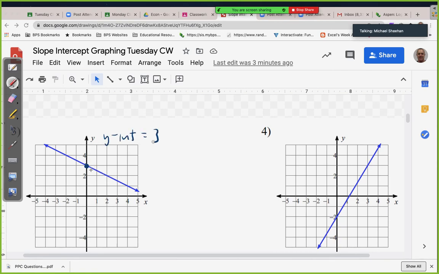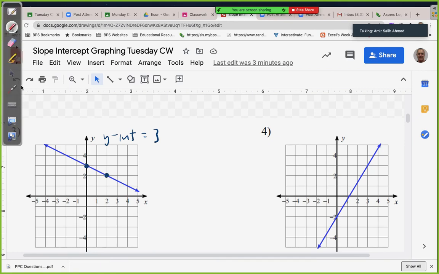But now let's figure out the slope. I want to look and find a point that's easy to graph. How about use this point? So you're going to count it out. Any point, right? Yep, this one or this one. Any point that comes out exactly where two grid lines meet.